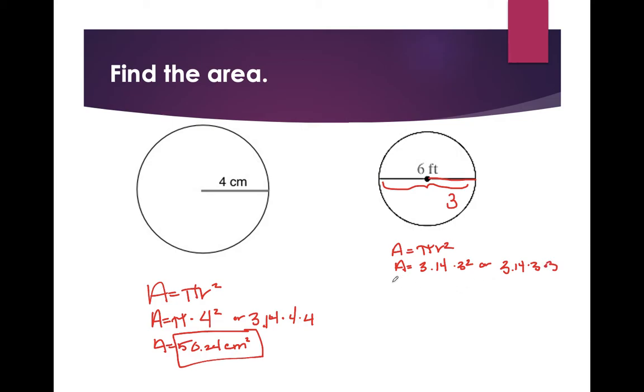If you type that into your calculator, you should get 28.26. Now again, it's area, so it's feet squared. If you need to, go ahead and rewind and replay that so you can hear the explanation again. Otherwise, let's try a couple other examples.